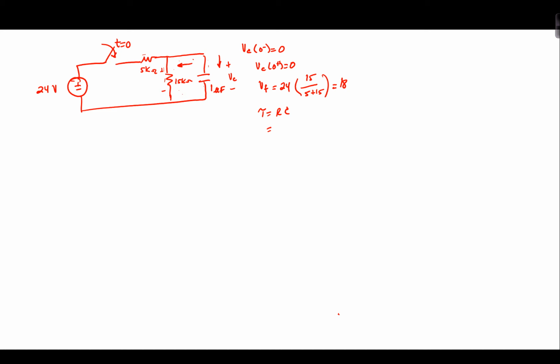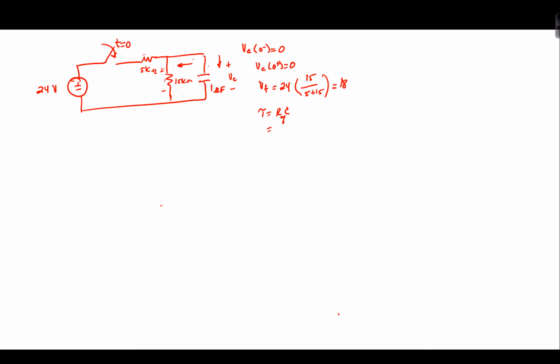The Thevenin resistance, we'll call it Req, can be found by deactivating this voltage source, i.e. turning it to 0, which brings the 5K and the 15K into parallel with each other.